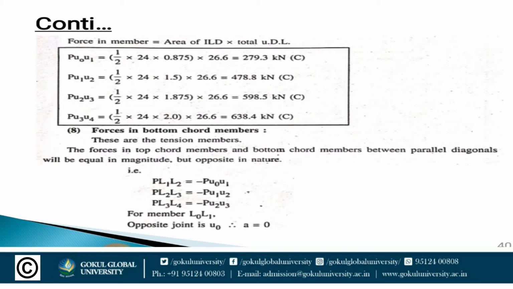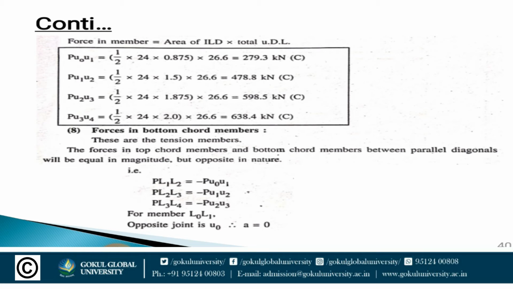Force in the member is equal to area of ILD multiplied by the total UDL. So for P U0 U1, P U1 U2, P U2 U3 and P U3 U4, we identified the area of ILD and the total UDL we already have. So we got the forces in the members.